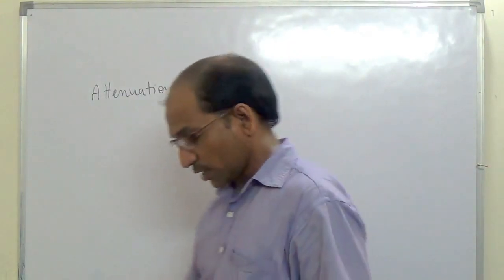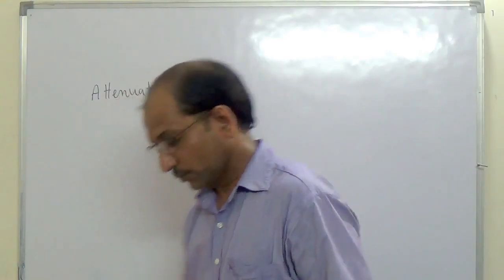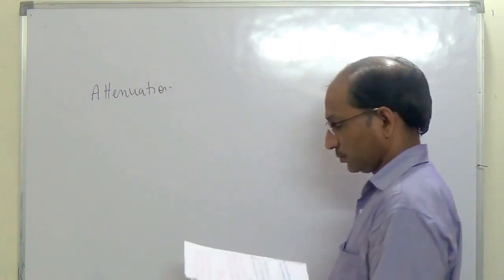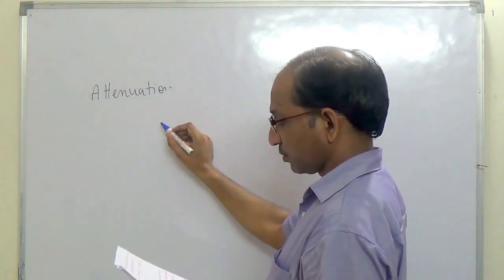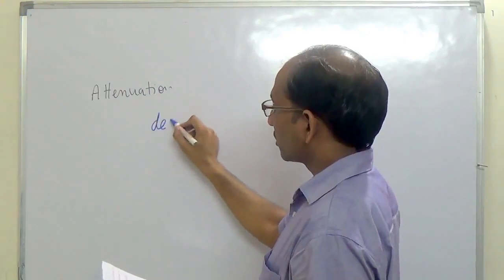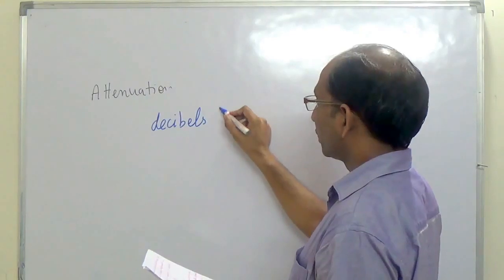And now the second formula is that attenuation is expressed in terms of decibels per unit length.